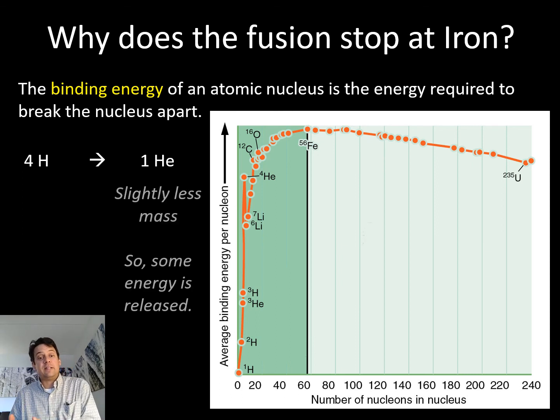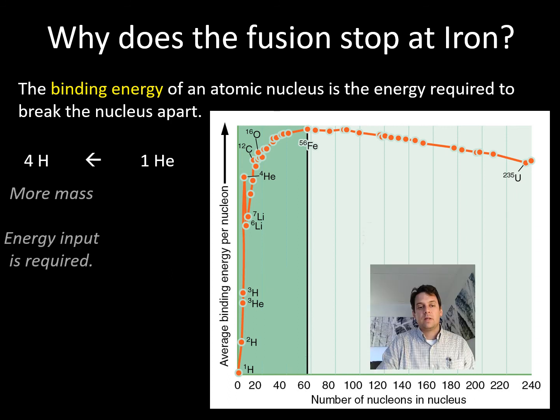It has slightly less mass, and so some of the mass, just a little bit, but enough, is transformed into released energy through Einstein's equation E equals mc squared. If you wanted to go back the other way and break up helium into hydrogens, because you're starting from less mass and creating more mass, you have to put in that extra energy.